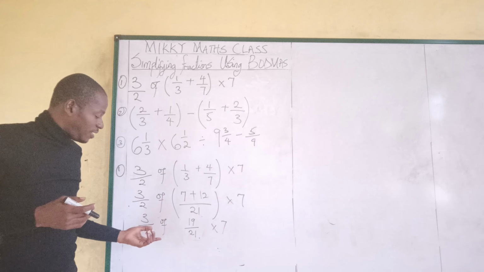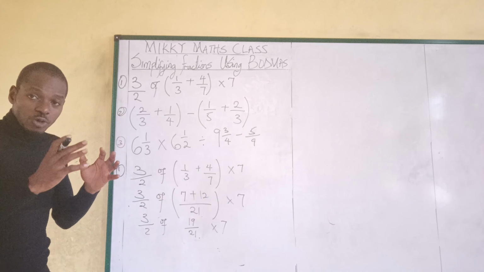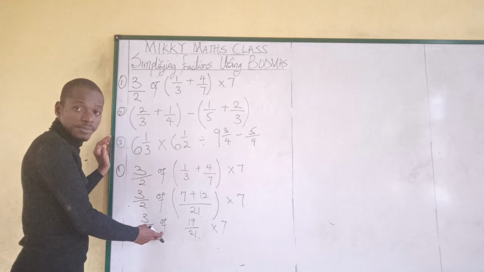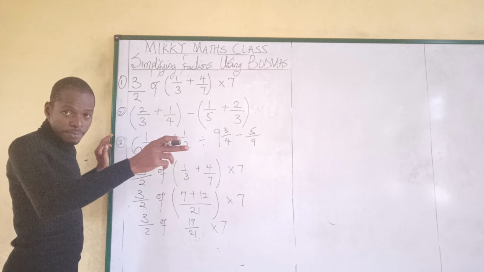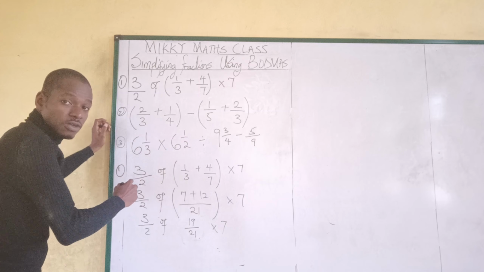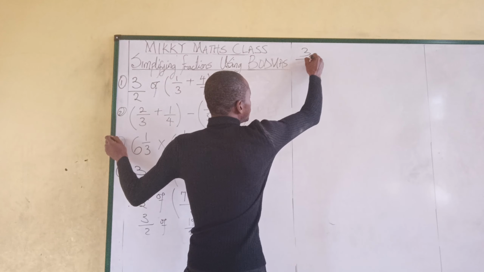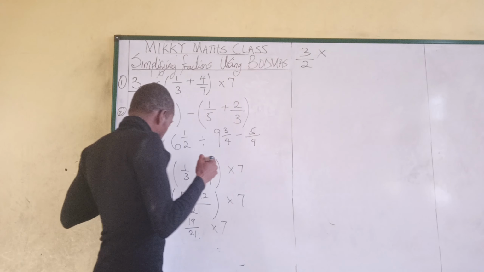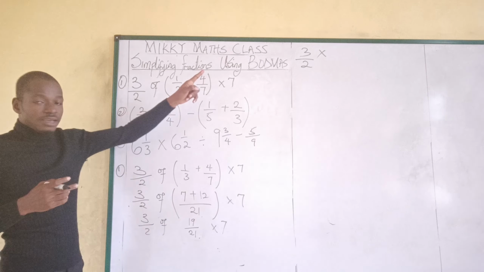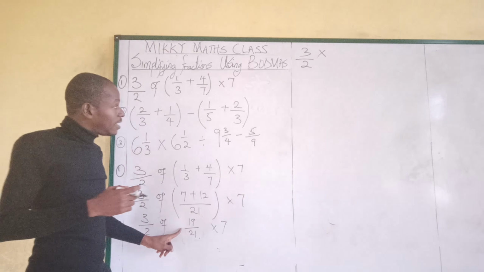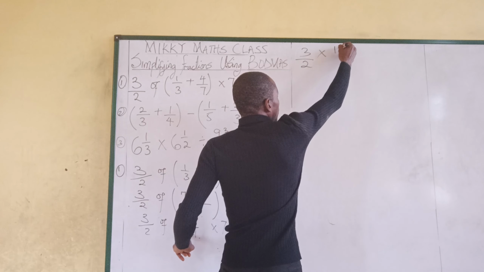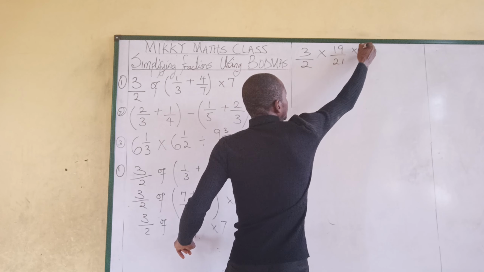Now, the of here means multiplication. When you see of, that means you should multiply. So this becomes 3 over 2, let me write it here, 3 over 2 times, so you replace the of with multiplication, times 19 over 21 times 7.